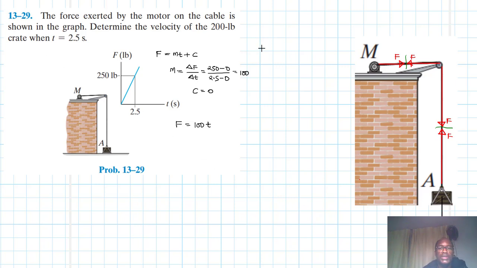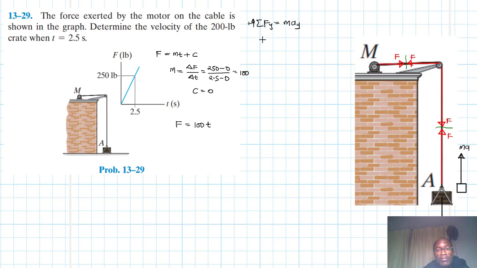So we want to apply the equation of motion, and we are going to say going up is our kinetic diagram, like so. This is our ma. So let's write down our equation. Summation of forces in the y, with up as our positive reference, is equal to m a_y.